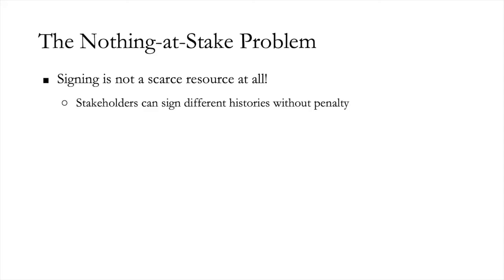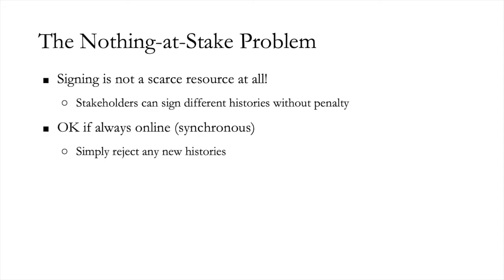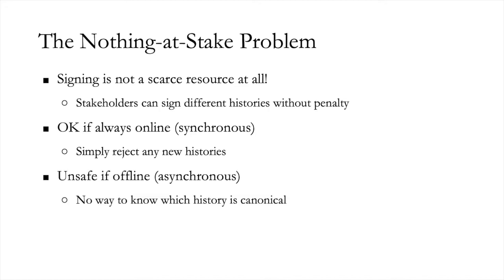And like in proof of authority, if the network is synchronous, this is safe, because you can simply reject any new histories, but if the network is even slightly asynchronous, which is always true in practice, you have no way to know which history is canonical, and it is extremely difficult to safely prove to an outside observer that the history that you're telling them and providing signatures for is in fact the one upon which the network has come to consensus.